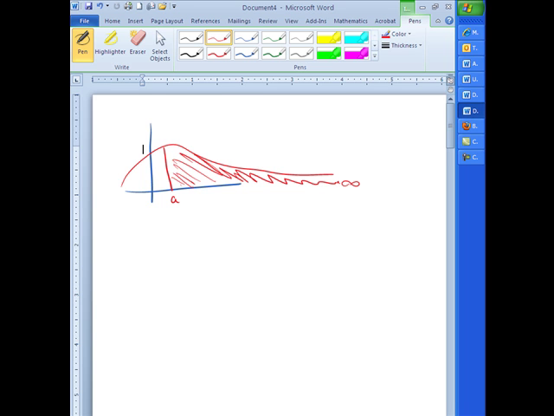So the question is, as x gets larger and larger and larger, does this area start to approach a certain value? I hope that rings a bell from our discussions in the very first part of this class about a limit. Limits are, does the function approach a value as you approach infinity or approach another number?